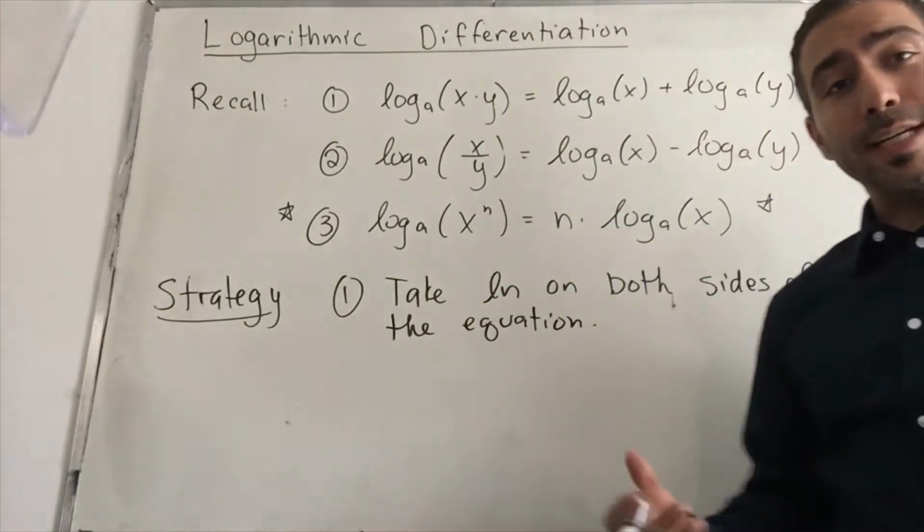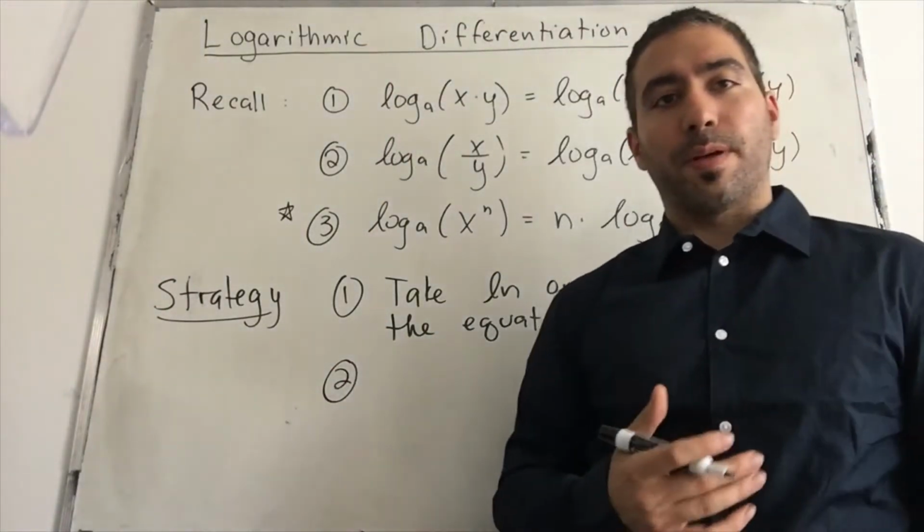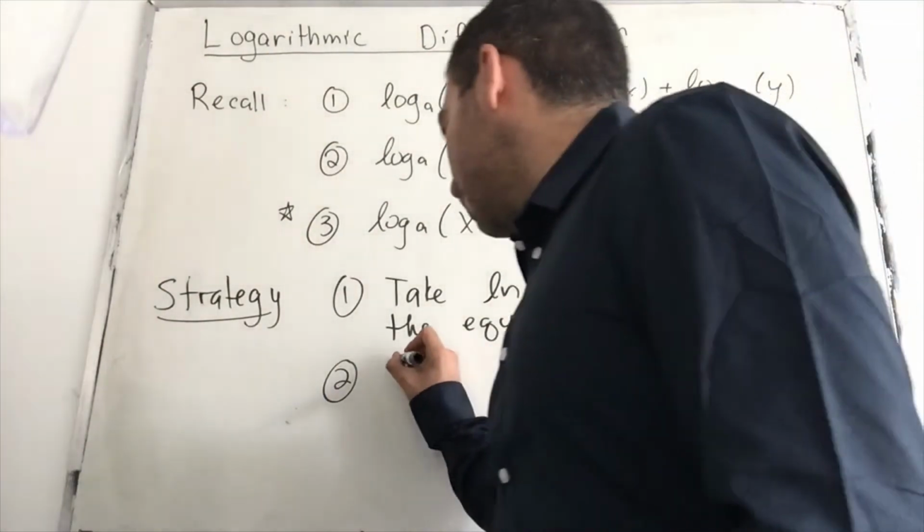That's step one. The second step is to simplify using your logarithmic properties.